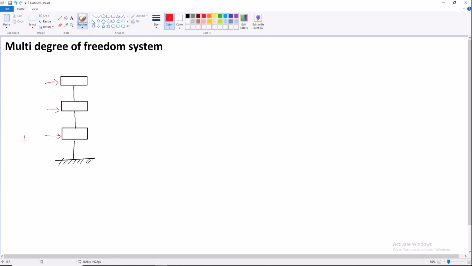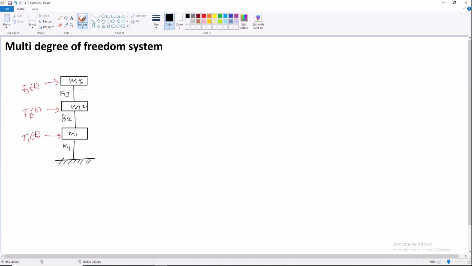On the first floor, force 1 with respect to time is acting, and force 2 with respect to time, and force 3 with respect to time. Each floor has lumped mass 1, mass 2 and mass 3, and the stiffness of each column, I will take K3 for the third floor, K2 and K1.